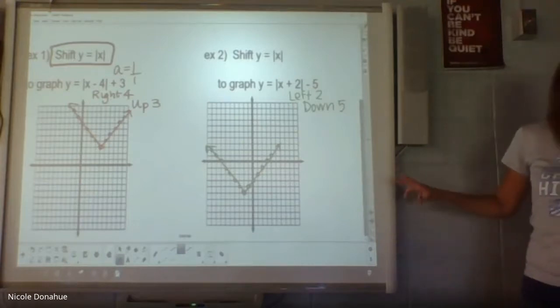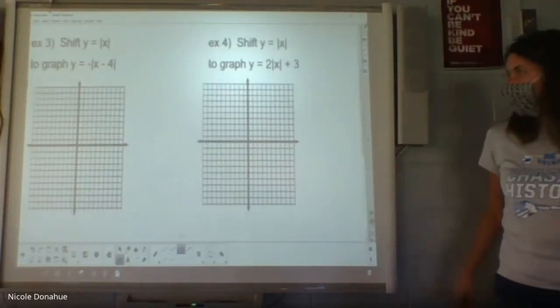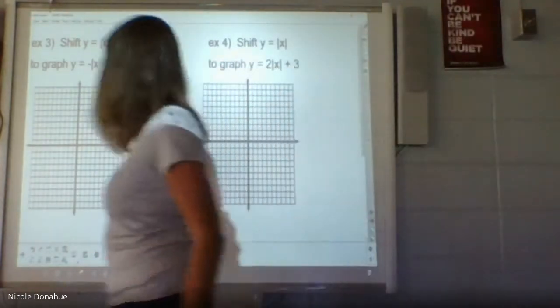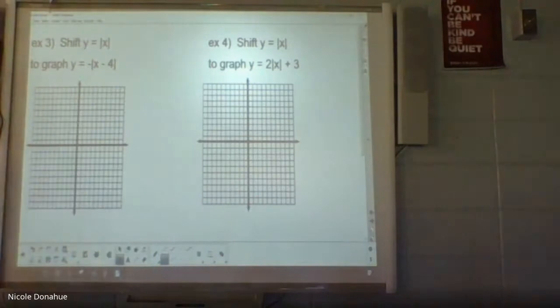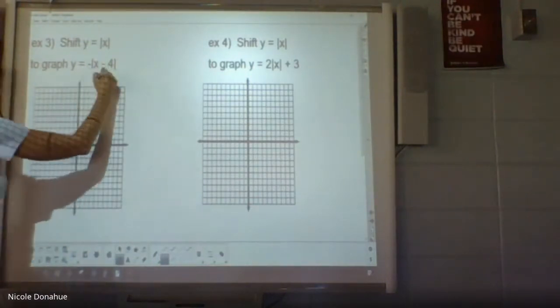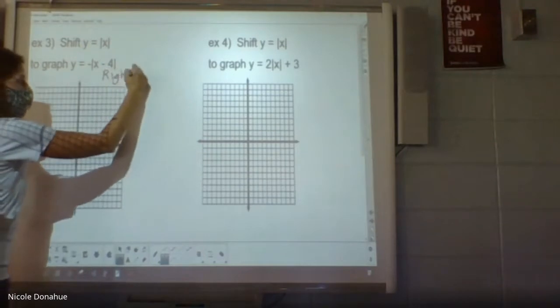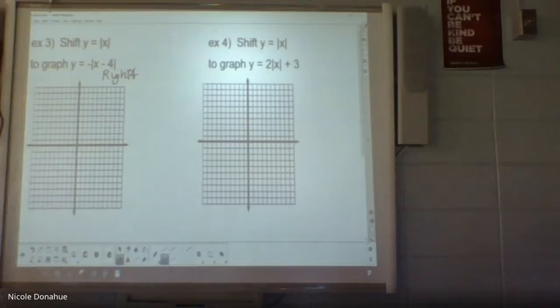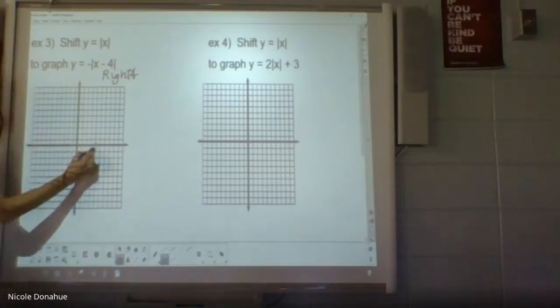Okay, so in this one, what happens with the -4 here? Right 4, it's inside the absolute value, so it does the opposite of what it looks like. It doesn't move up or down at all. So I'm just gonna go to the right 4. 1, 2, 3, 4. There's my dot.